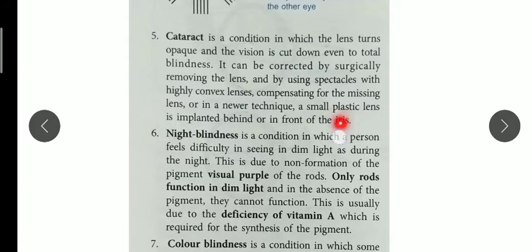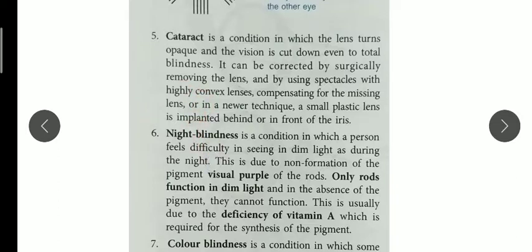Even in some new techniques, a surgeon provides a small plastic lens which is implanted behind or in front of the iris. So surgeons can even remove the lens and change the lens.